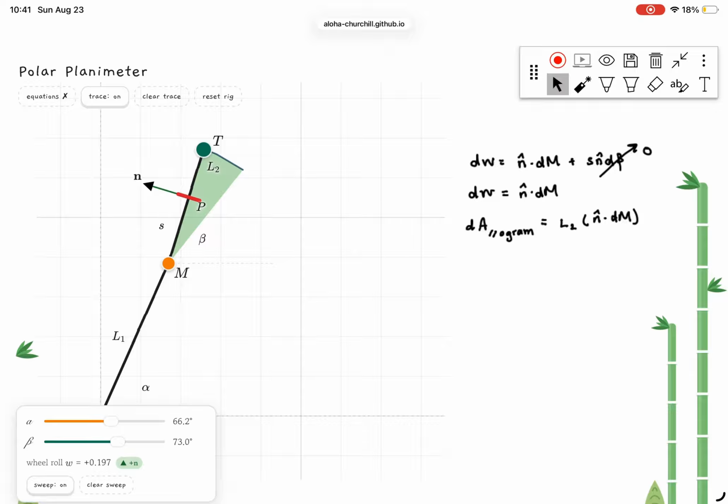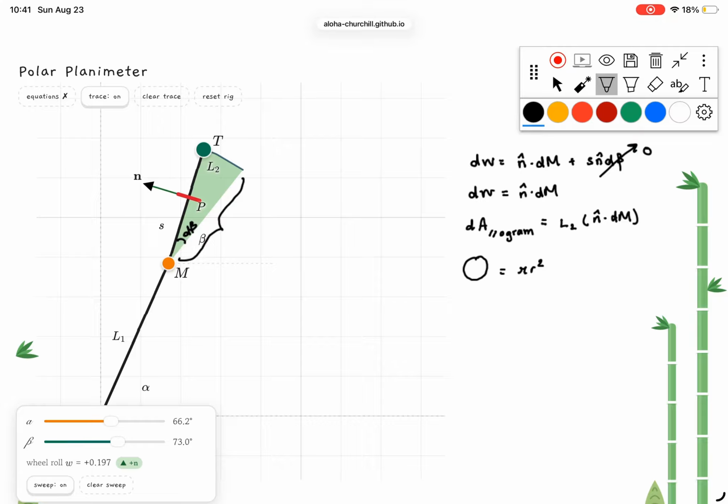Likewise, if we change beta by just a little bit, you can see a tiny wedge is swept out. The area of a circle is pi r squared, and r in this case is L2, but we only sweep out an angle of d beta, so we have to divide by 2 pi radians and then multiply by d beta.